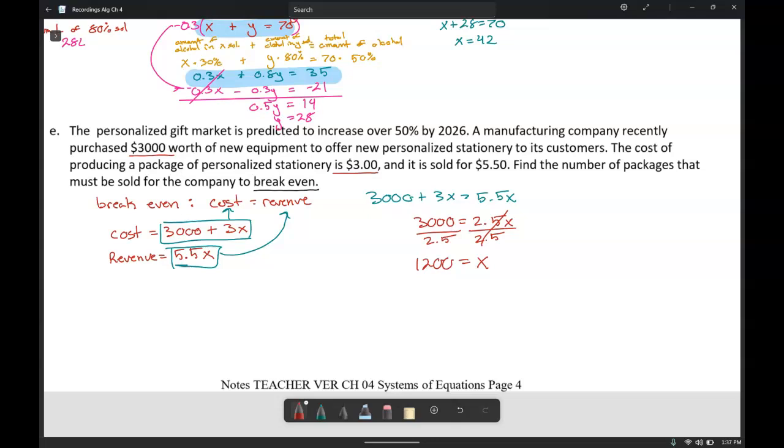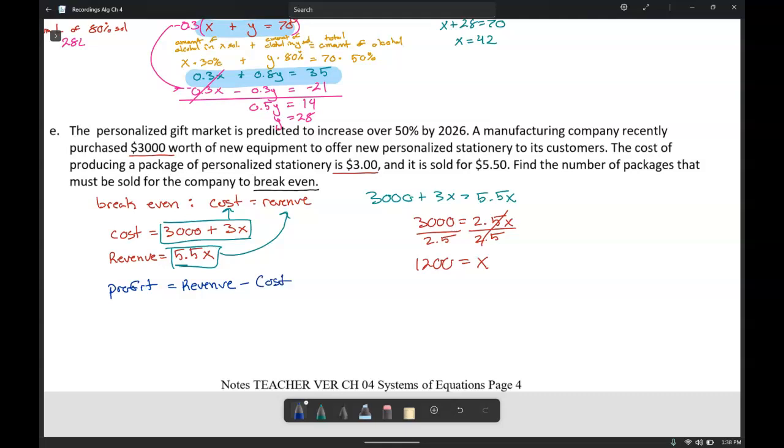So here we have that they need to sell 1,200 packages in order for them to break even. Now something else to be aware of that's not given in this problem, but it's good to know, is the concept of profit. Profit is what we get when we take revenue and we subtract cost.